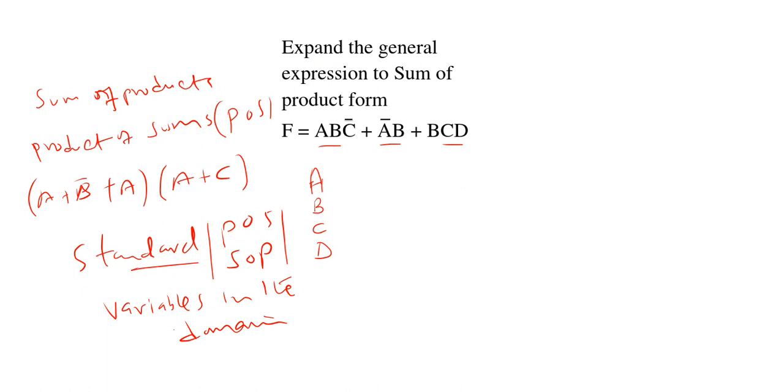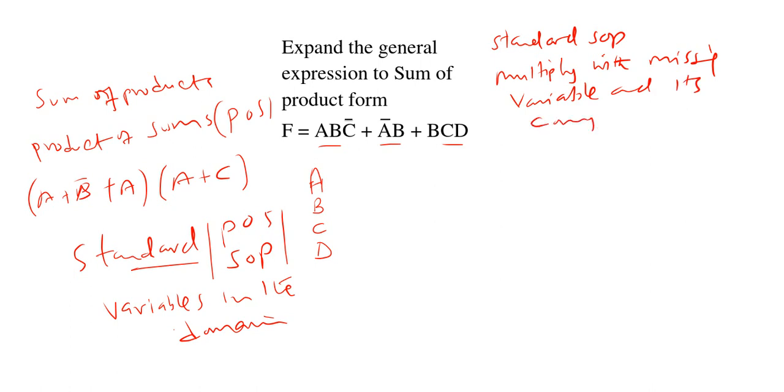To make a standard SOP, that is now the expansion, for every term where we have a missing variable, we have to multiply that term with the sum of the missing variable and its complement. We shall see how we do it.